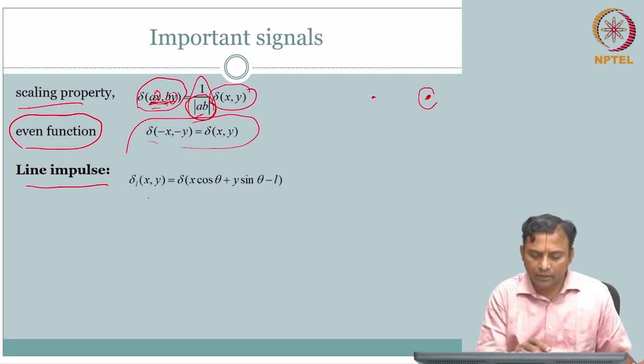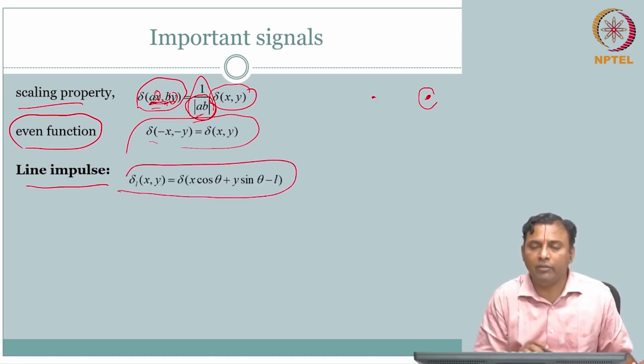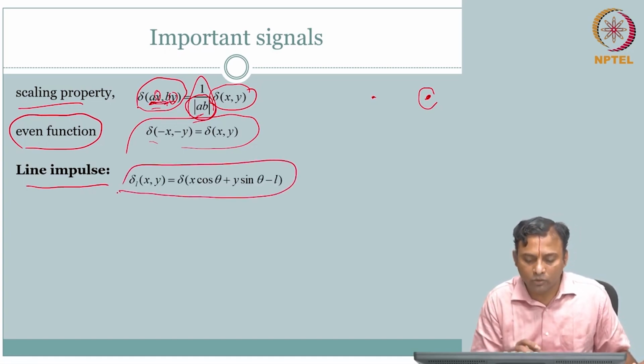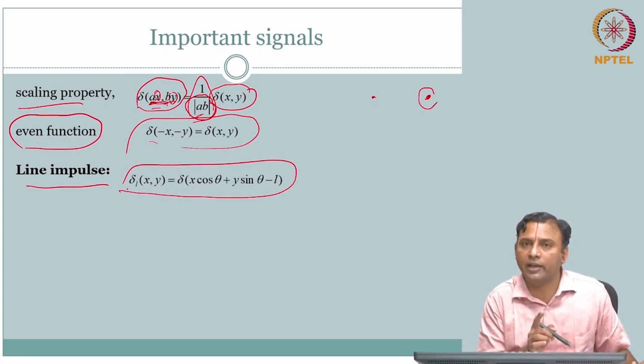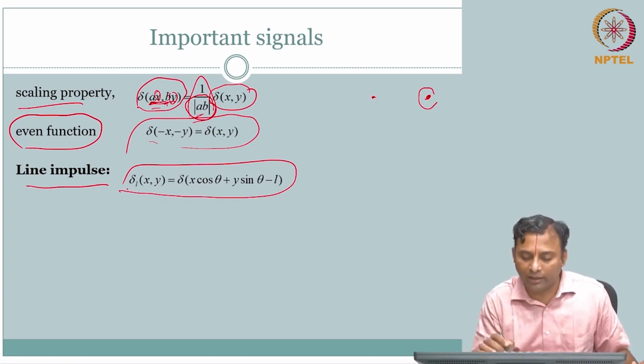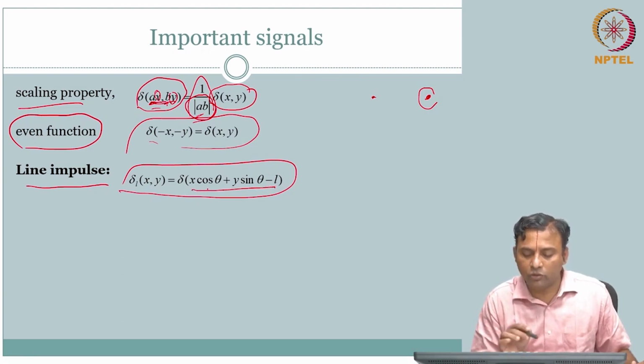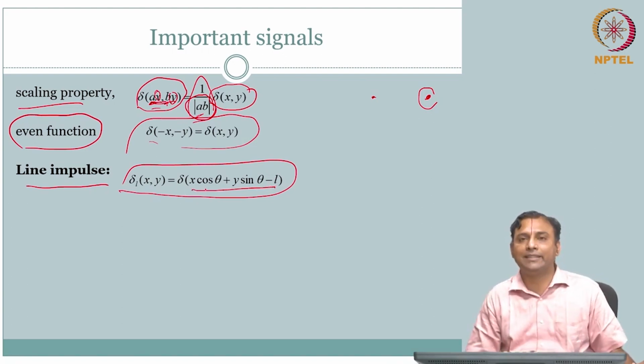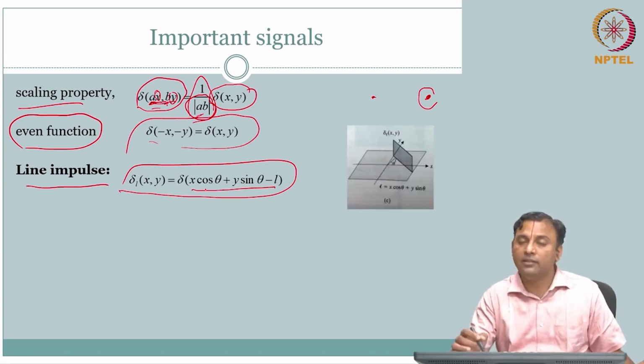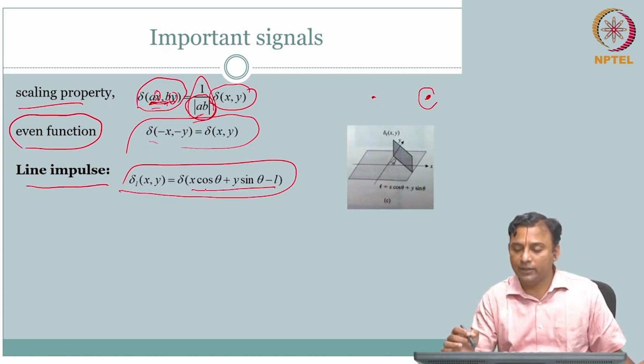So first we write, you can have a line impulse. What does it mean? That means I have a delta function that is non-zero only along the line. So I have delta of L, where L is equal to x cos theta plus y sin theta. So where is this line? This line is in the x comma y space.